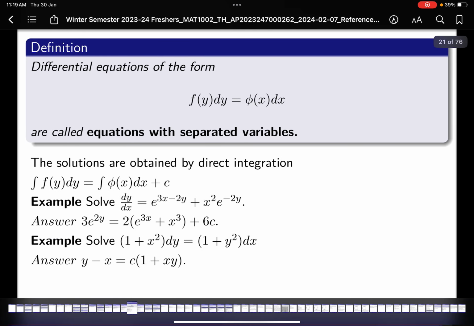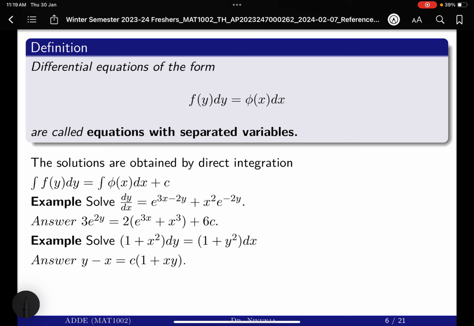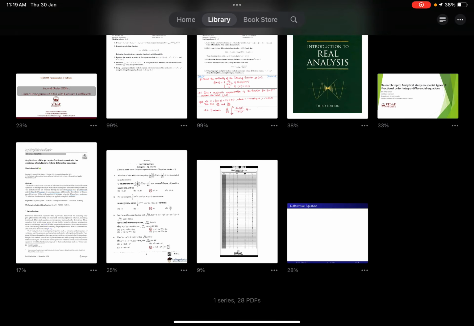Now the next question is this one. Here again, you can take dy/(1 plus y squared) equals dx/(1 plus x squared), and you have that form, and immediately you will do the integration plus c.